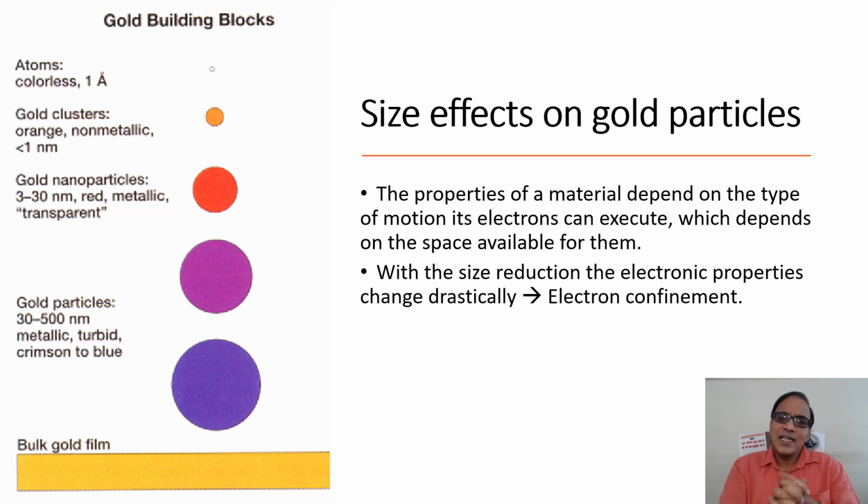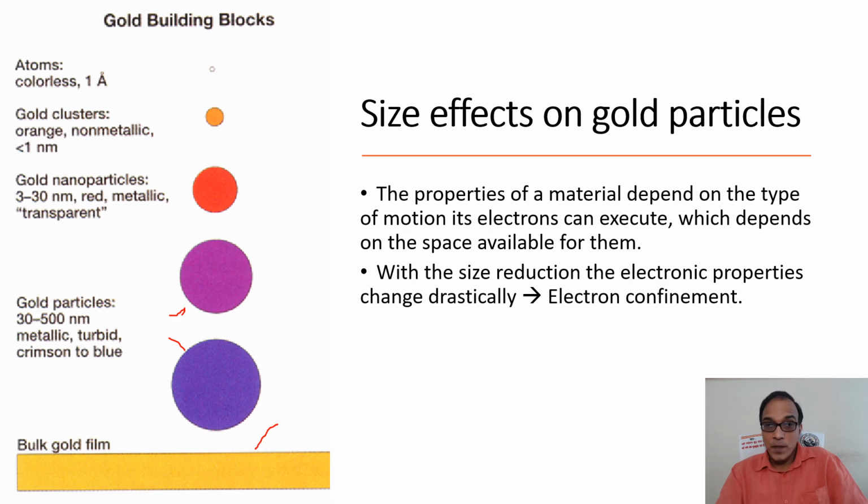Now let's take the example of size effect on gold particles. As you can see, the bulk gold material is of this yellow color. Gold particles of 30 to 500 nanometer are generally crimson to blue. These are the two colors from 30 to 500 nanometer.